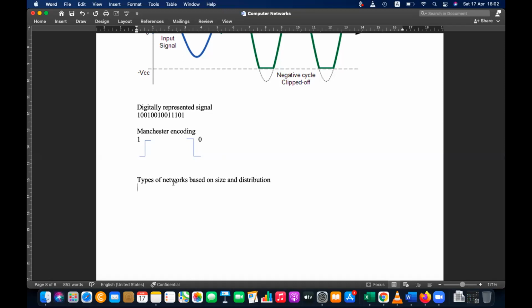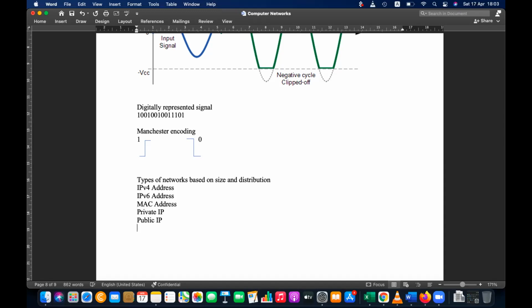Then we discussed what an IP address is, IP version 4 address, IP version 6 address, what a MAC address is, and then private IP and public IP.